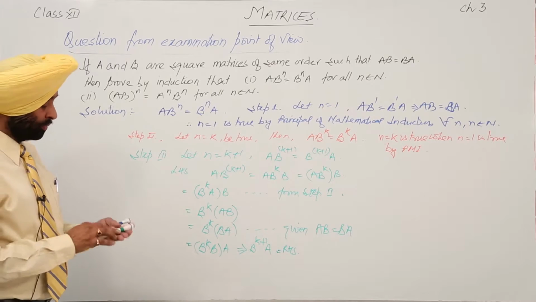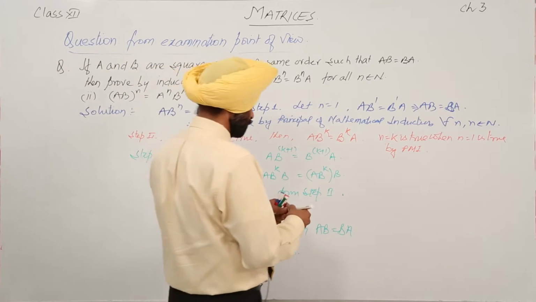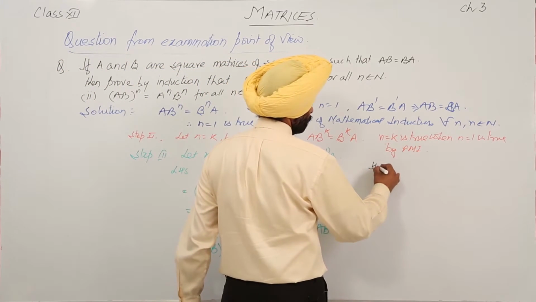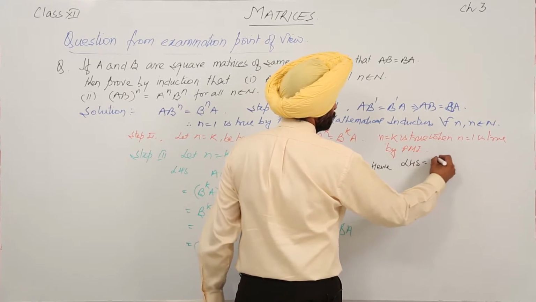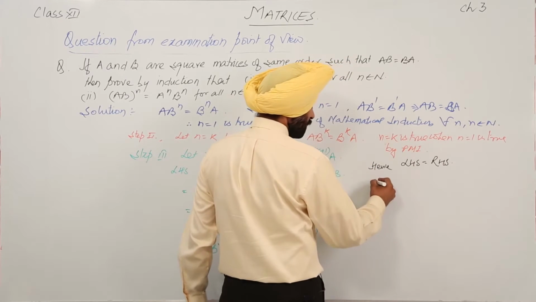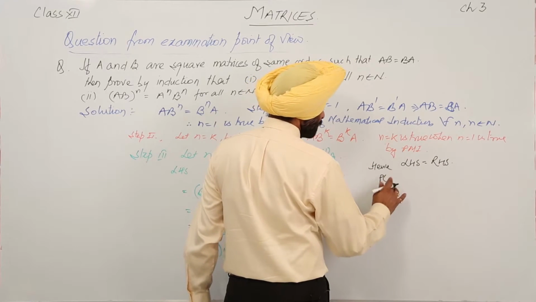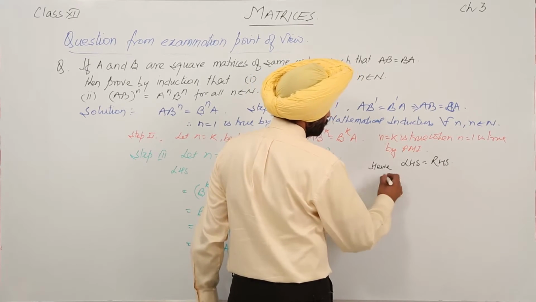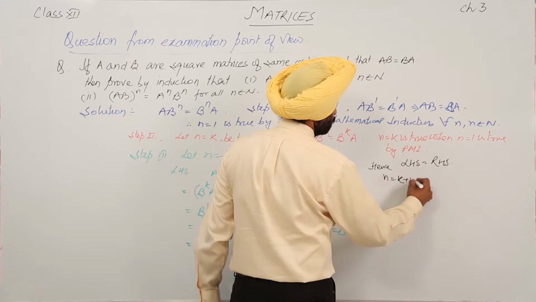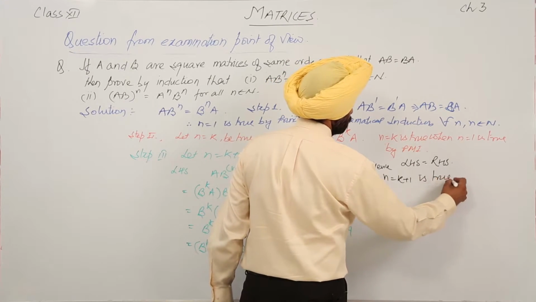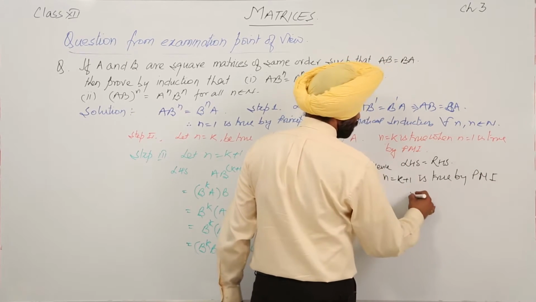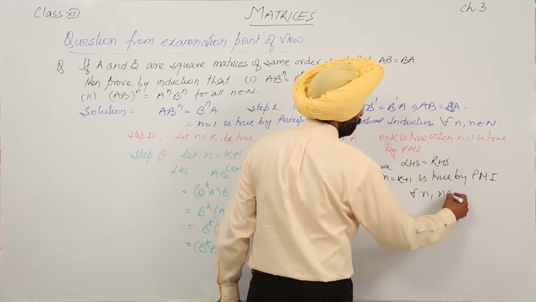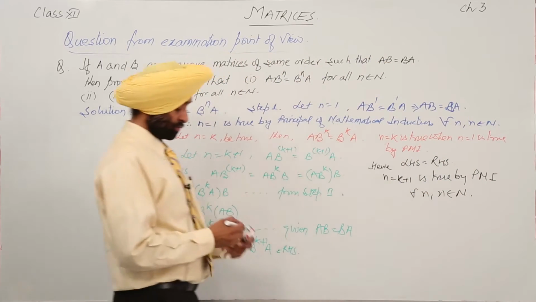Hence we have proved left hand side is equal to right hand side, or n is equal to k plus 1 is true by principle of mathematical induction for all values of n where n belongs to natural number.